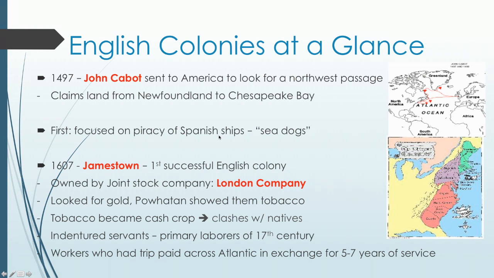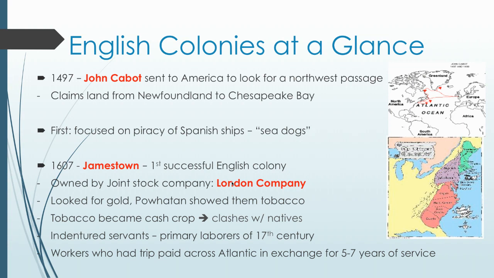Finally, however, the English get involved in colonization. And of course, the most important colonization when it comes to the foundation of the United States is Jamestown in 1607. This is our first successful English colony, and it is actually formed by a joint stock company. The irony in this is that the joint stock company is formed by adventurers, they call them, which becomes the basis of venture capitalists.